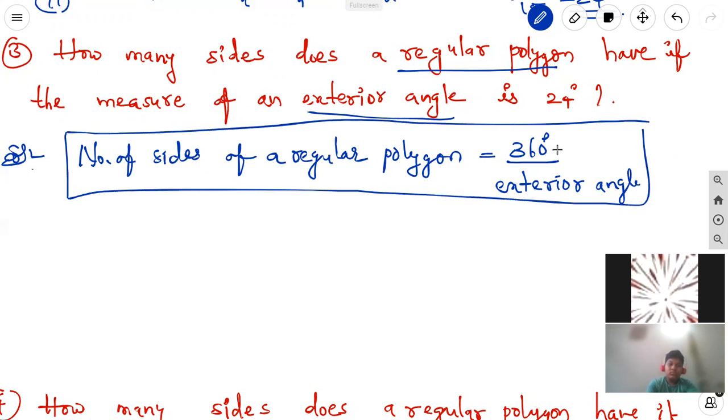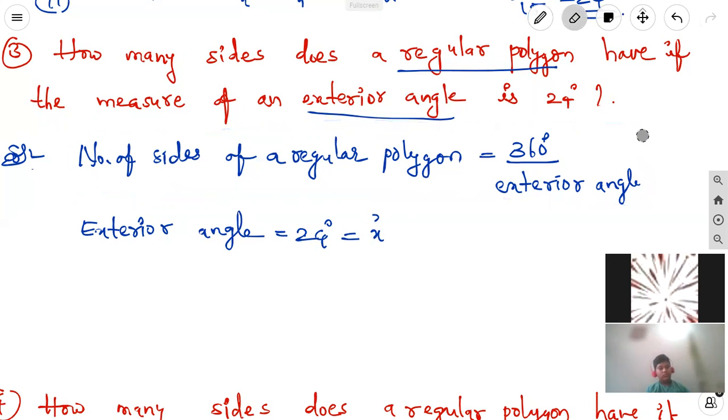It is the formula. Here we can find out the number of sides. They have given the exterior angle, 24 degrees, let it be x degrees. Here we can take it as just general basic formula is 360 degrees by x degrees.